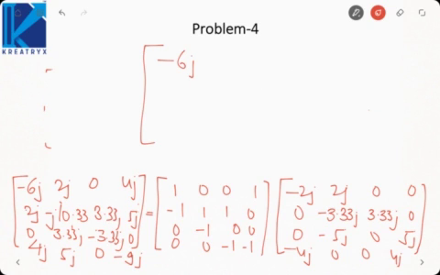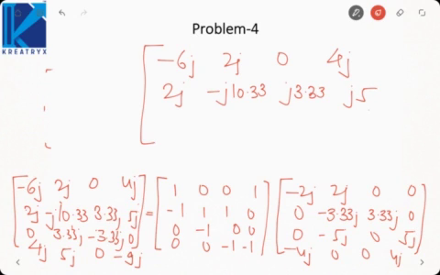Minus 6j, 2j, 0, 4j, then 2j, minus j10.33, j3.33, j5, then 0, j3.33, minus j3.33, 0, then j4, j5, 0, minus j9.